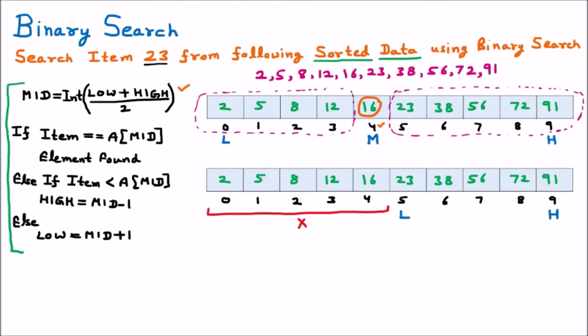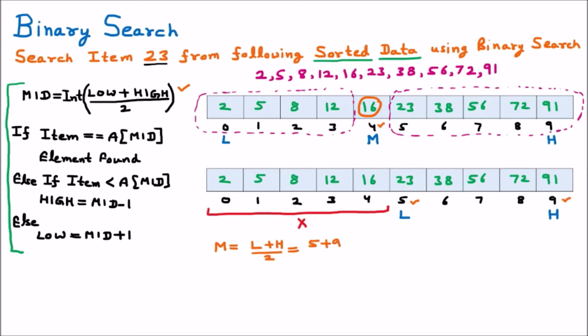Here M stands for middle, and the formula says it is equal to low plus high divided by 2, taking the integer value. We know that low is 5, so we take 5 plus high, and high is 9.